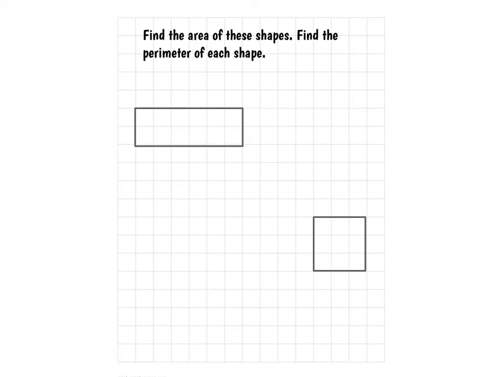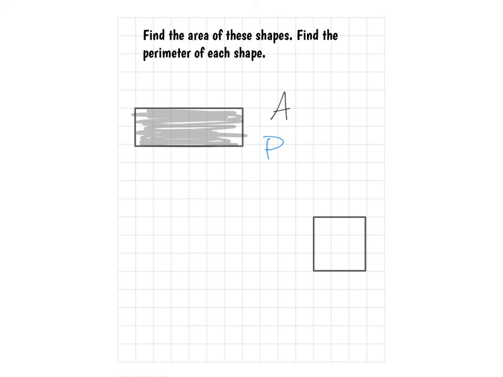So first off, we're going to find the area of my shape, and then we'll find the perimeter of the shape. And the area is the inside, so I want to see how many squares I have on the inside of my shape.